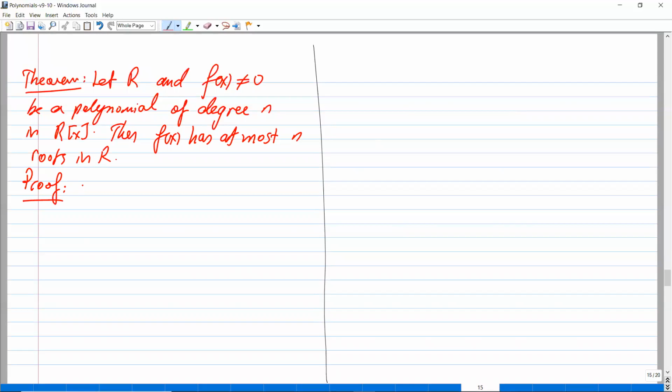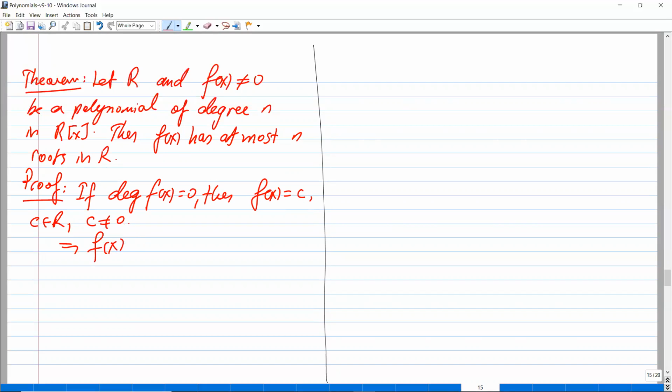So if the degree of f of x is equal to 0, then f of x is equal to some constant c. And since we assume that it is not 0, c is not 0. In this case, f of x has no roots.